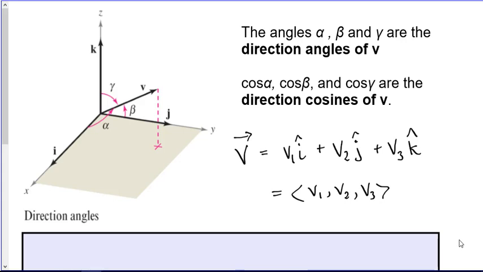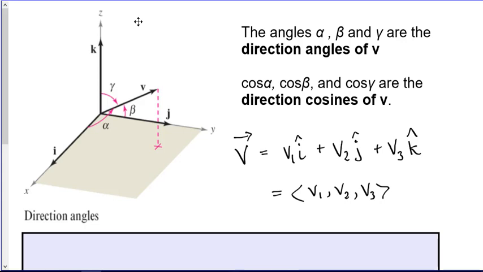Alpha is the angle to the x-axis, beta is the angle to the y-axis, or j, and gamma is the angle between v and the z-axis, or the unit vector k. So these are direction angles. Direction cosines are the cosines of each of those direction angles.